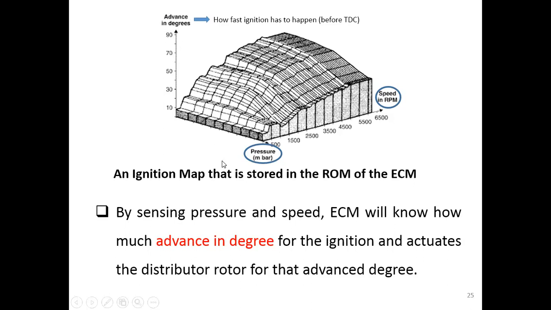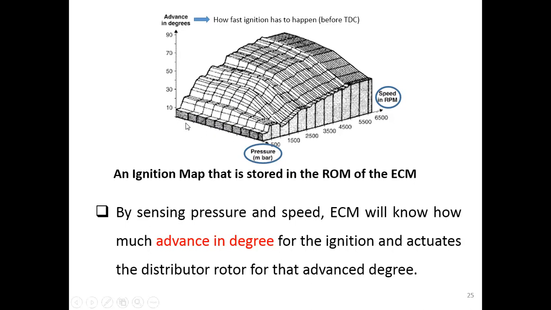It depends on the pressure. Remember we talked about the vacuum signal. It depends on the pressure inside the cylinder, which depends on the loading on that engine. The loading on that engine will determine the pressure inside the cylinders.